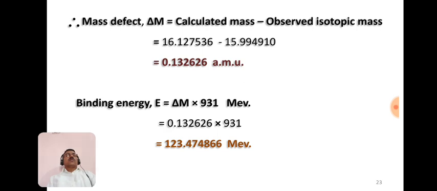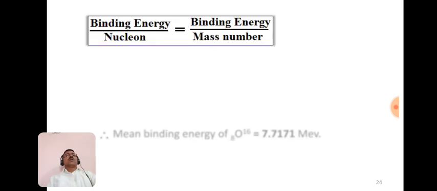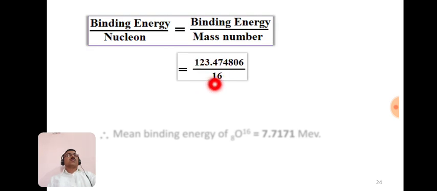Now finally we have to calculate the mean nuclear binding energy, and it is the ratio of binding energy and mass number. So we have to divide this value by the mass number, so that it gives the mean nuclear binding energy, that is the binding energy upon mass number of oxygen, which is 16.